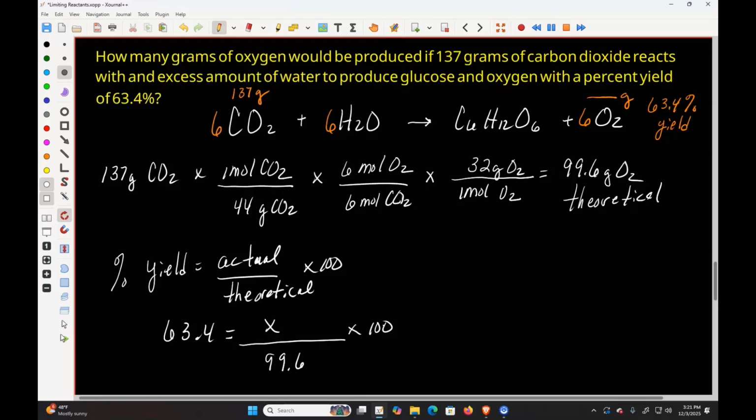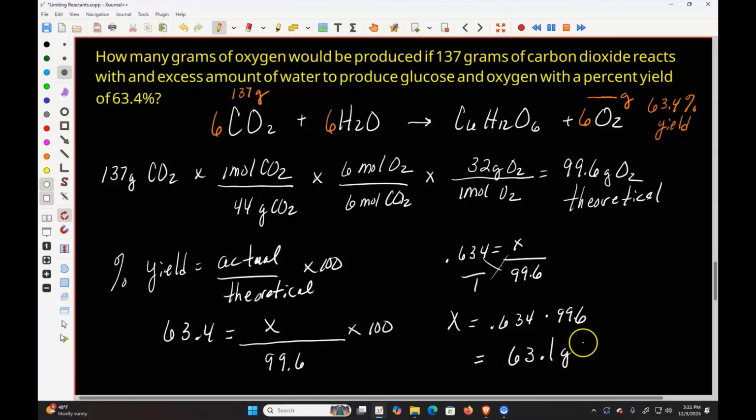Divide both sides by 100. I will get 0.634 equals X over 99.6. Cross multiply. X is going to be 0.634 times 99.6. So my actual yield will be 63.1 grams of O2. This is my actual.